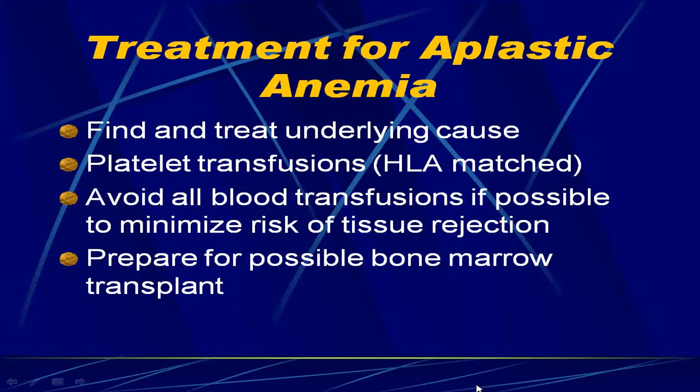So, again, with avoiding all blood transfusions, this is if it is determined that the person has an autoimmune cause for the aplastic anemia. Again, if it's autoimmune, that's the body attacking the bone marrow. So if we give this person a blood transfusion, the body is going to attack it. So we want to minimize the risk of this tissue rejection. So we want to avoid it, if possible.